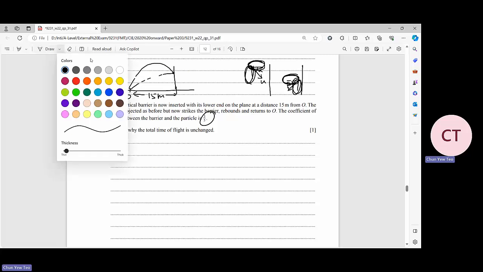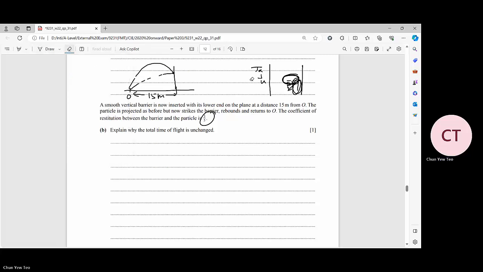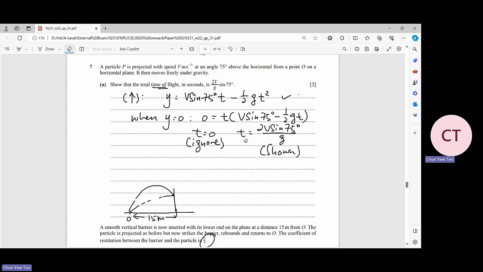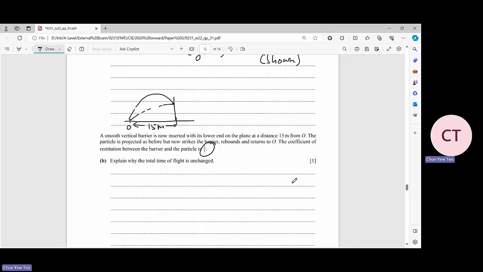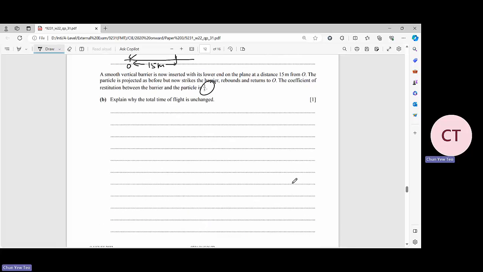So for this case, it will not affect the total time, because the total time of the flight actually depends on the vertical component. Remember just now I mentioned that the total time of the motion involves the vertical component. So therefore, the total time of flight is unchanged.